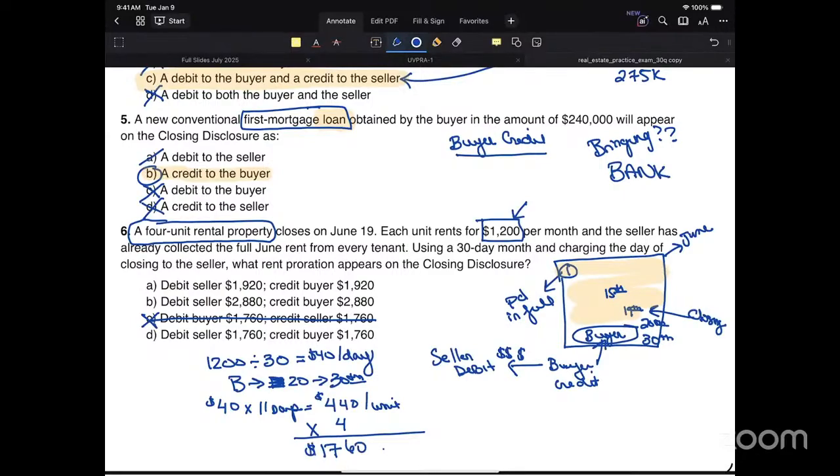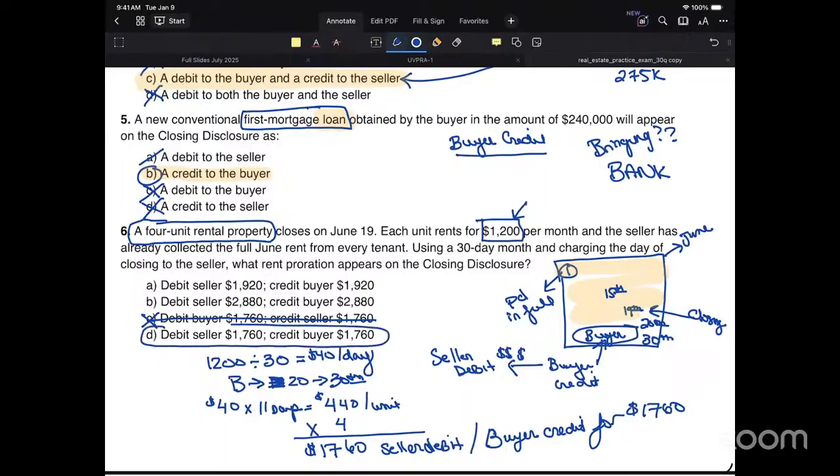That is a seller debit for $1,760, and a buyer credit for $1,760. Now let's see which one of those answers matches. Oh, and I see you all said D. Our answer is D, right here. Not too bad. Not too shabby, y'all.